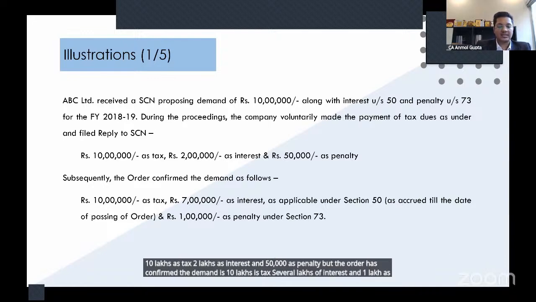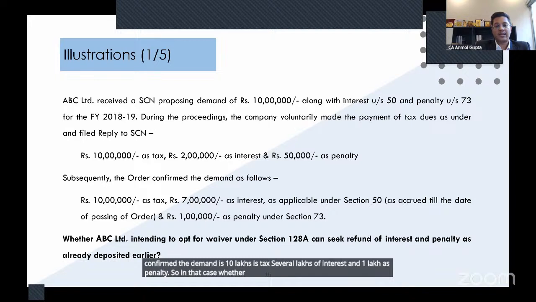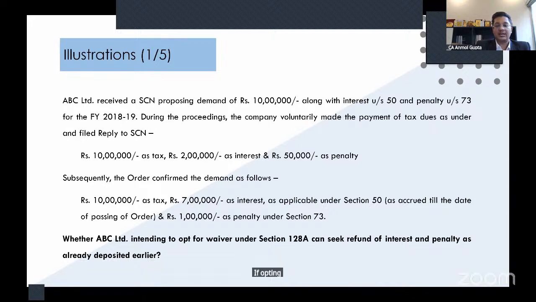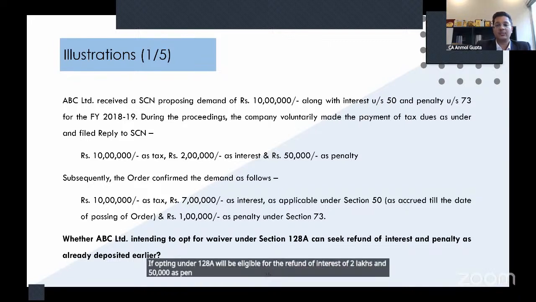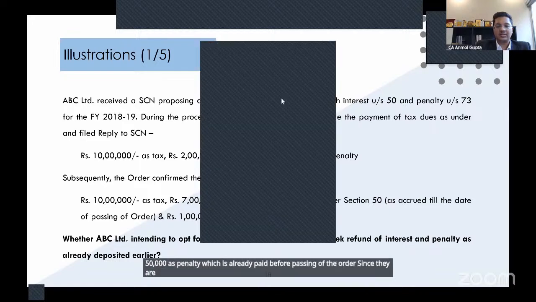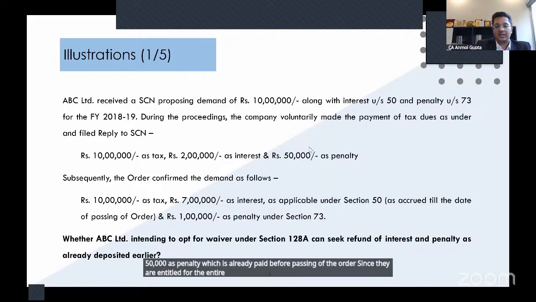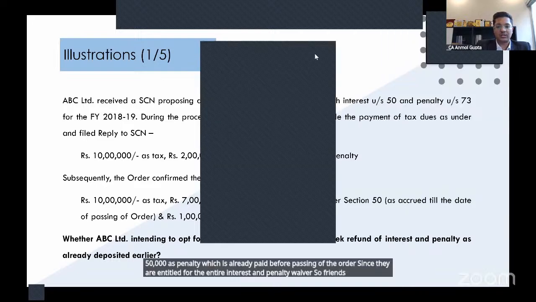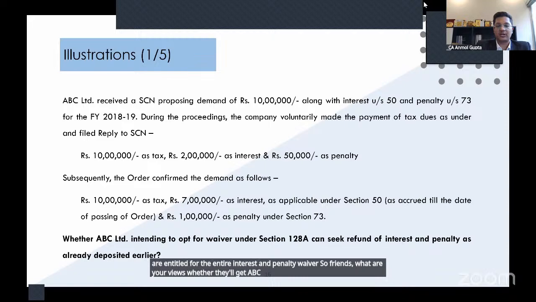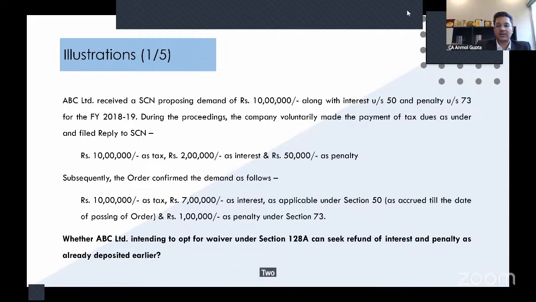In that case, if opting under 128A, will ABC be eligible for the refund of interest of 2 lakhs and 50,000 as penalty, which is already paid before passing of the order, since they are entitled to the entire interest and penalty waiver? So friends, what are your views, will ABC Limited get the refund of 2 lakhs of interest and 50,000 of penalty?